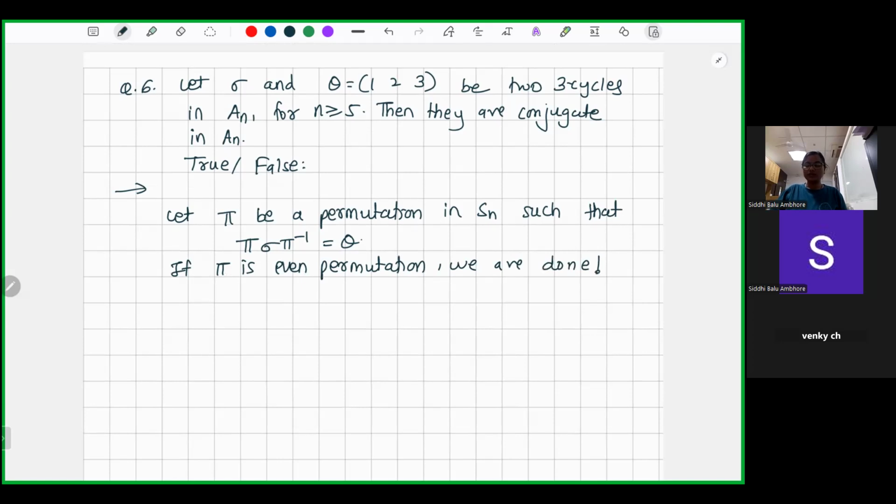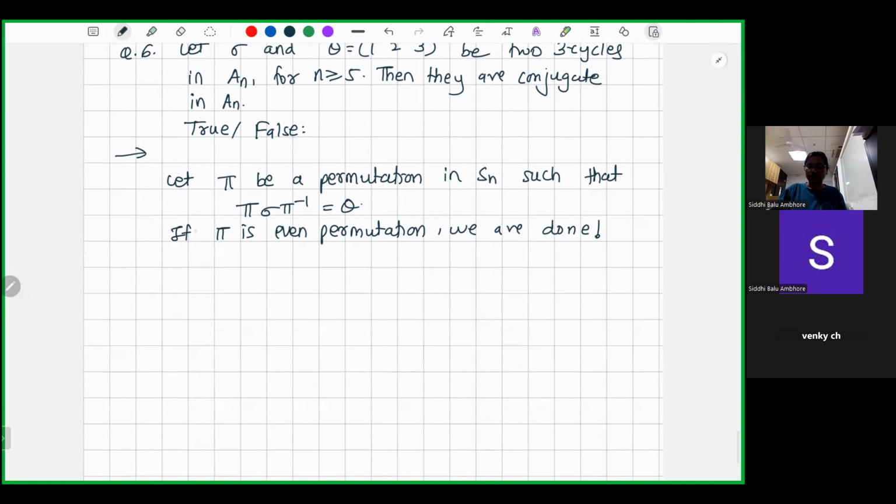Because sigma and theta are 3-cycles, they have the same cycle type, and we have the theorem that two permutations are conjugate if they are of the same type. And if pi is also an even permutation, then we are done using the theorem which we proved in the lecture.